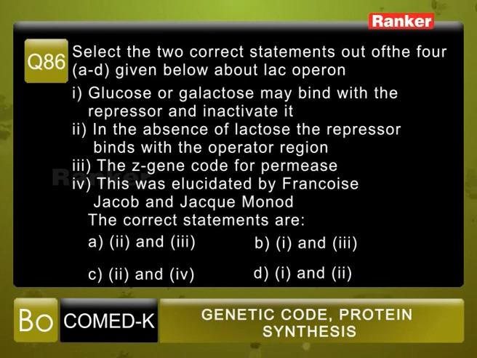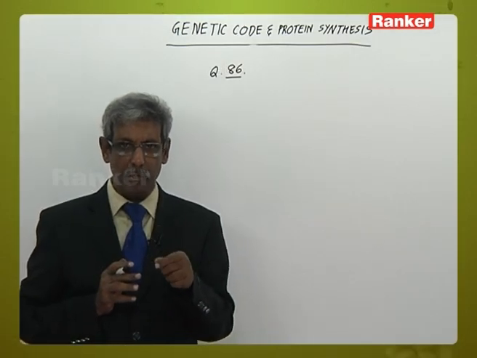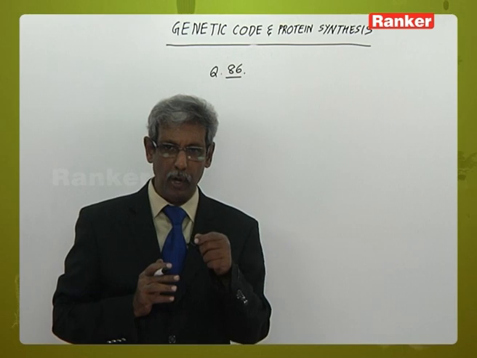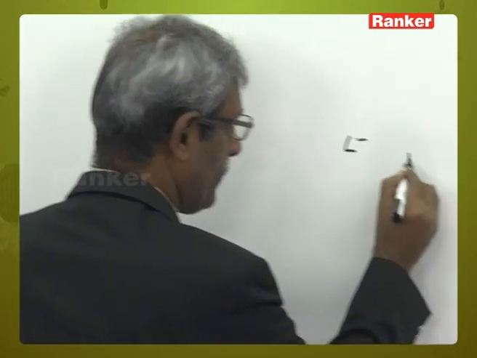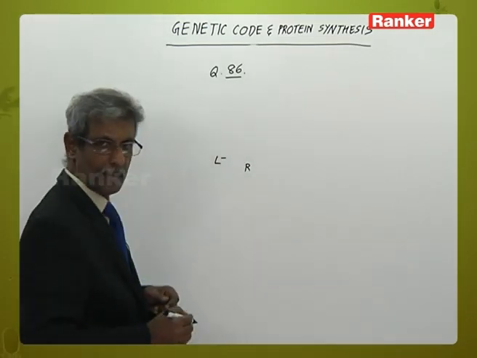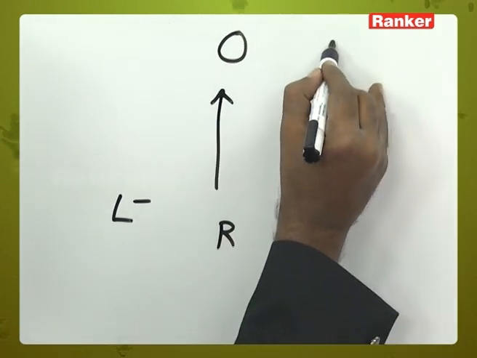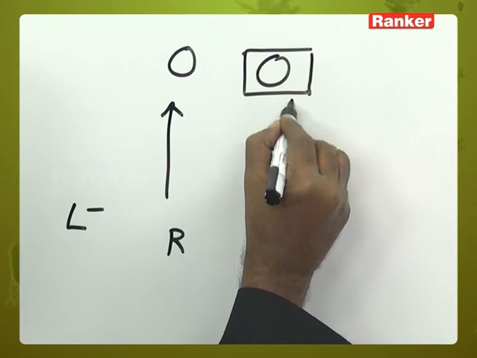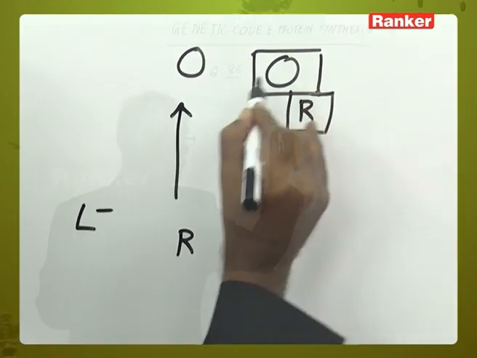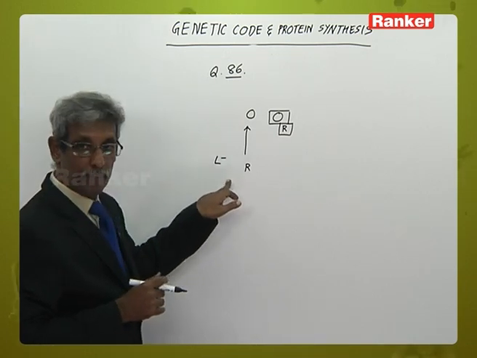The correct statements are, if you look, whenever lactose is absent, the repressor will bind to the operator region. This is statement number 2.